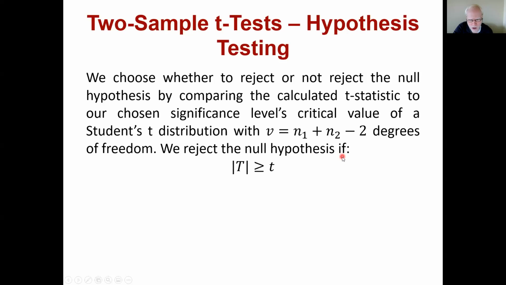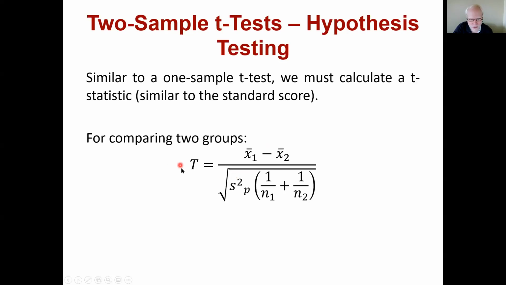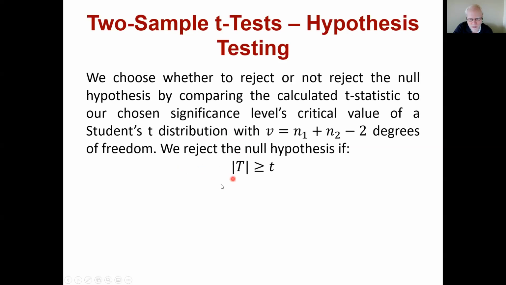We reject the null hypothesis if the absolute value of our calculated statistic is greater than or equal to the critical value of t, which we find in table 10.1. And remember, if we're doing a two-tailed test, we go into column 2. If we're doing a one-tailed test, we go into column 3.